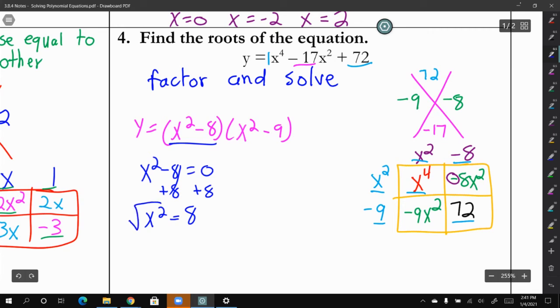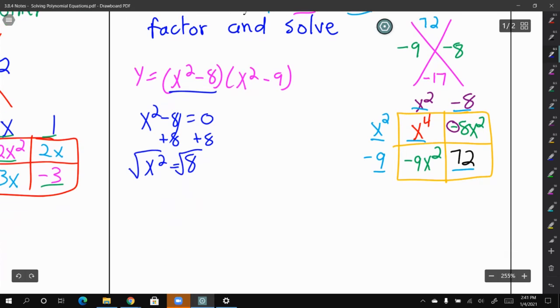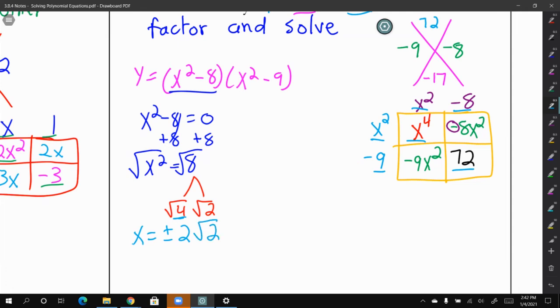And now when we square root this, we have to simplify this radical. The square root of 8 can be simplified to the square root of 4 times the square root of 2. The square root of 4 is 2, so we're going to get x equals plus or minus 2 times the square root of 2. And we do the plus or minus because we are taking the square root to solve.